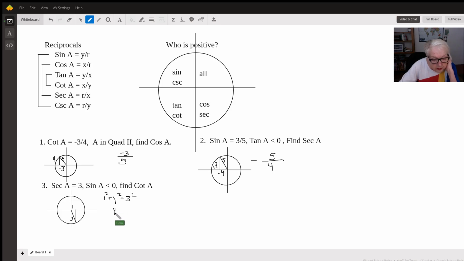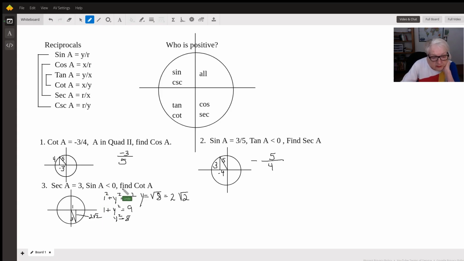So 1 plus y squared is equal to 9. Y squared is equal to 8. So y will be the square root of 8, which is the same as 2 times the square root of 2. Now, that goes right there. 2 times the square root of 2.